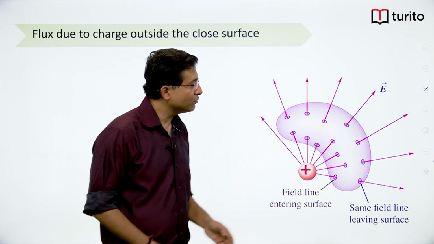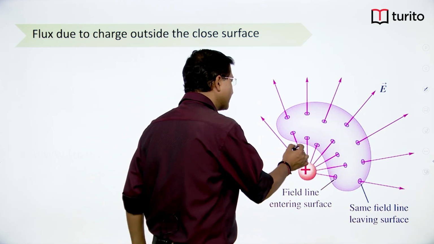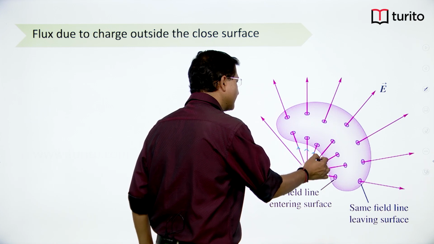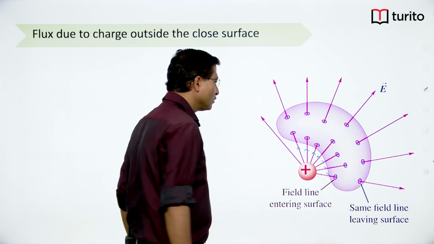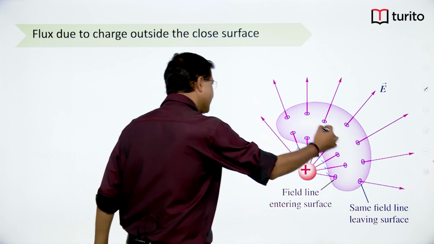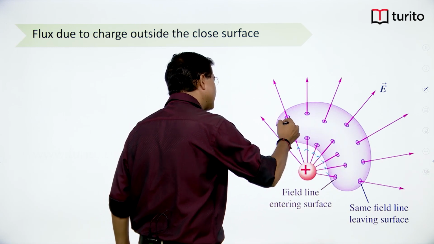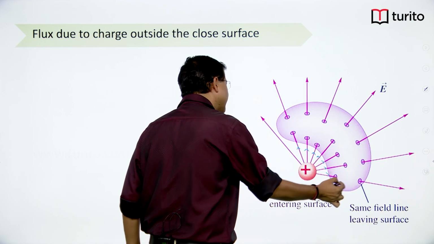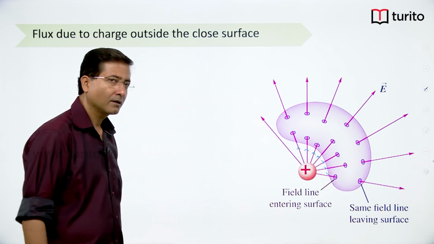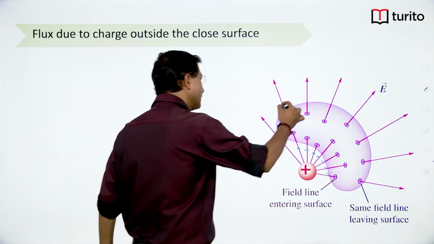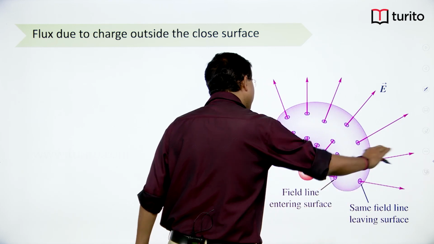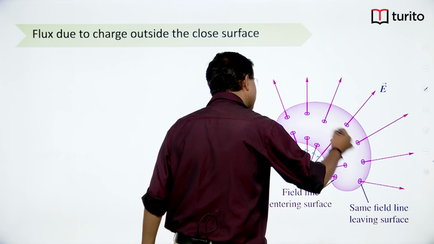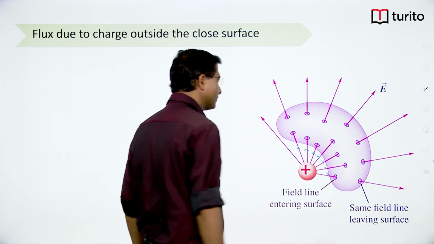These lines you can see are contributing to negative flux. On this side, if you calculate the flux due to the lines getting into the surface, you will get negative flux, and for the lines coming out, if you calculate flux on this side, it will come positive.